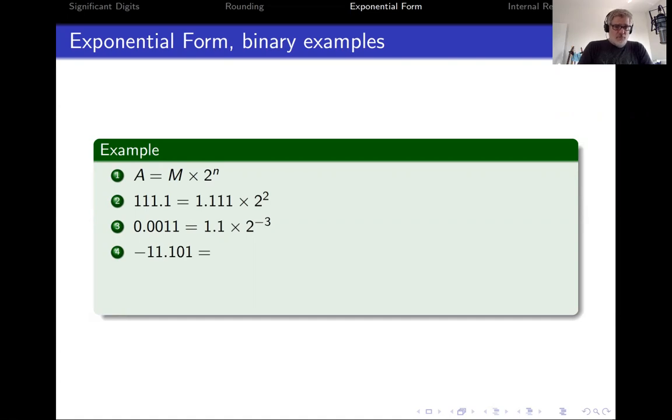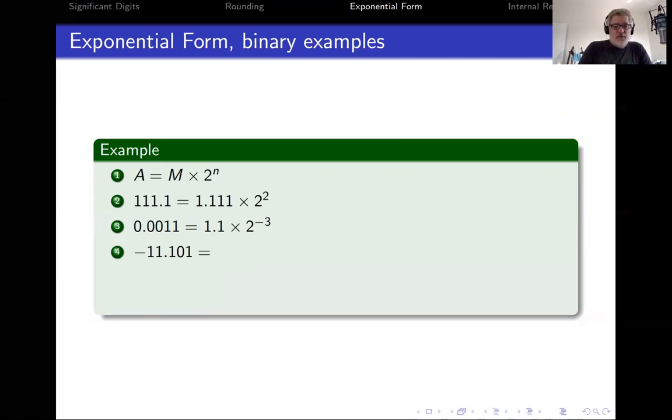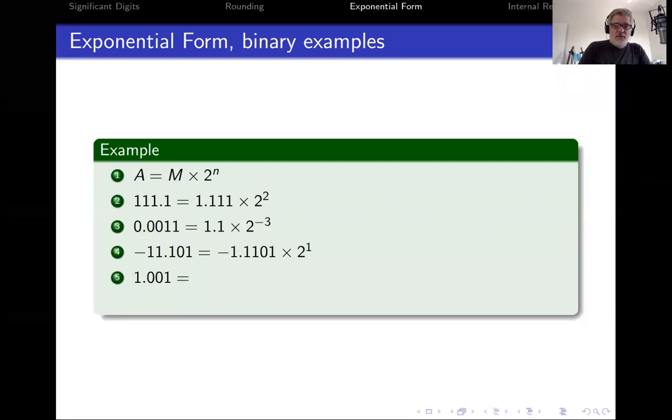So minus 1.101, I shift that point once to the left and compensate by a 1 in the exponent. 1.001. You can see basically what I did is I just cut and pasted the decimal examples and replaced all the non-zero digits by 1.